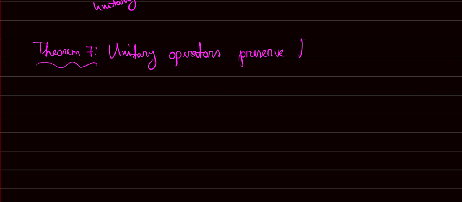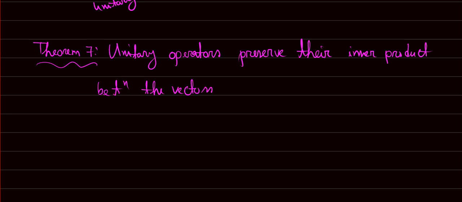Theorem 7. This is a very important theorem. Unitary operators preserve their inner product between the vectors they act on.